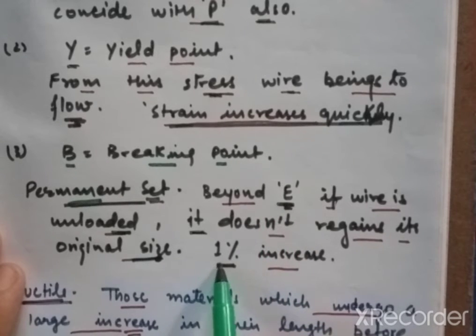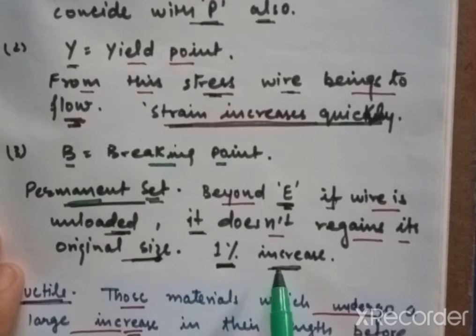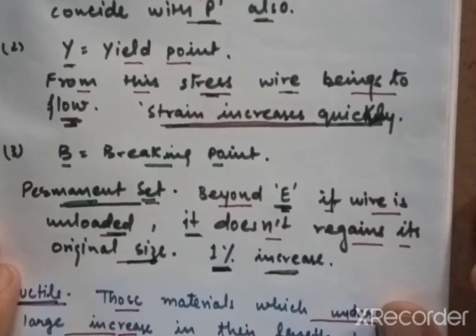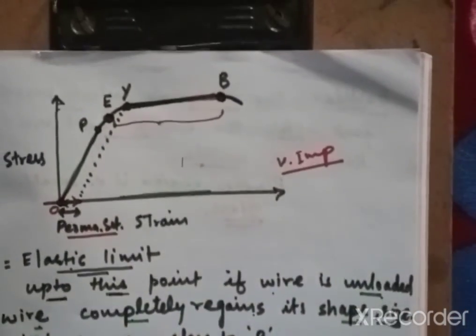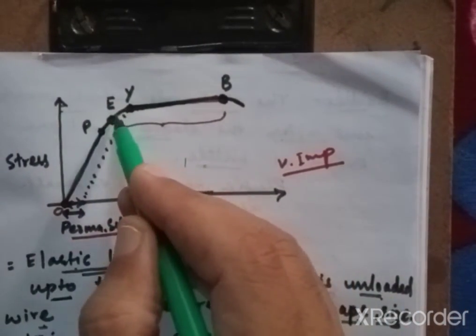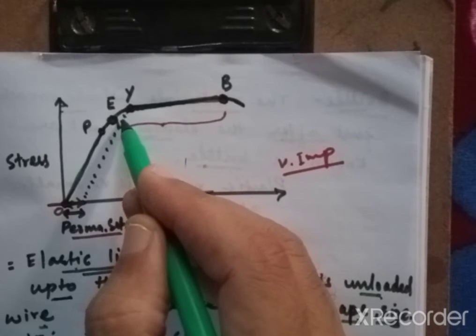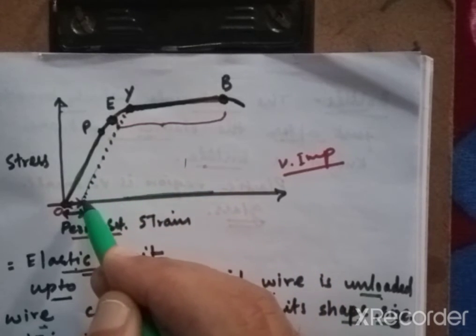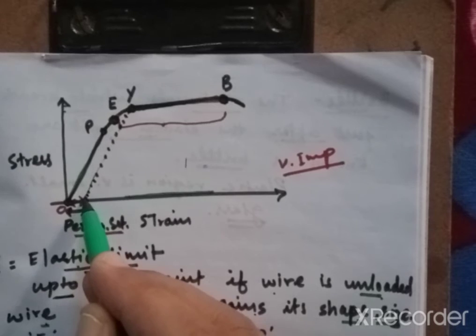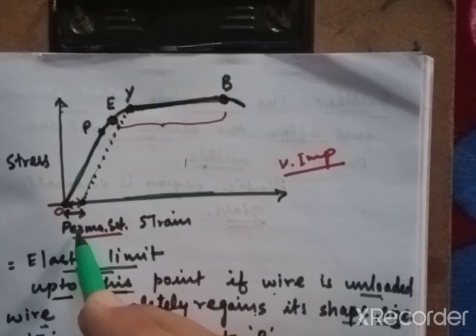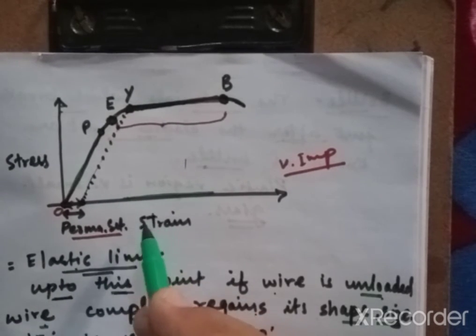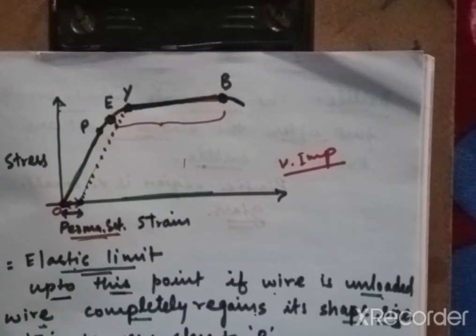So there will be some 1% increase or less or more in the wire. This property of permanent set is also shown here in the graph: for any point after E, if the wire is unloaded, it does not come back to its original size, and there will be a permanent strain, known as permanent set.